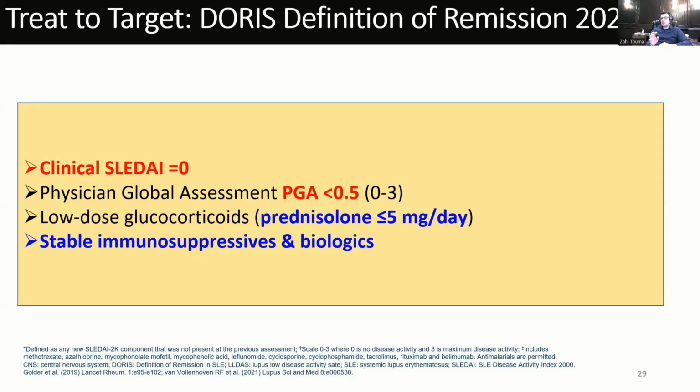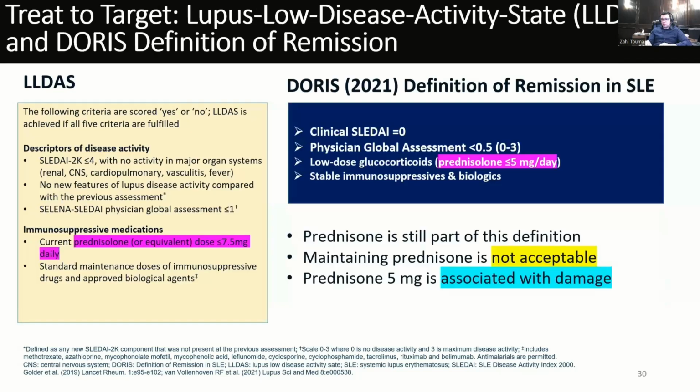So the focus here is clinical. So if you have the dsDNA and complement present or low, that's okay. And the physician global assessment should be less than 1 compared to the LLDAS. At this level it's less than 0.5. So again, more stringent and less prednisone compared to the LLDAS. This time it is less than 5 milligrams and stable immunosuppressive and biologics.